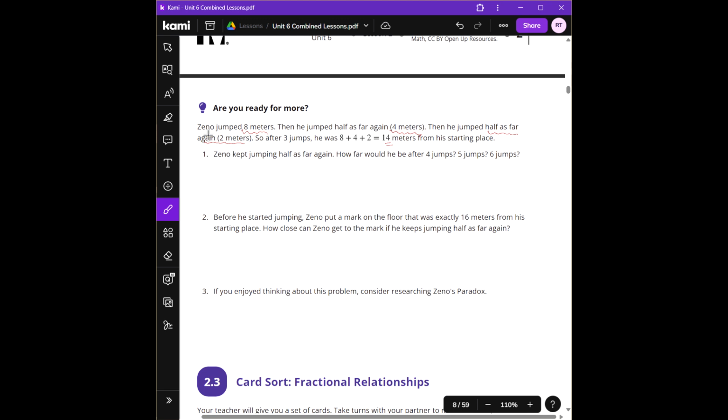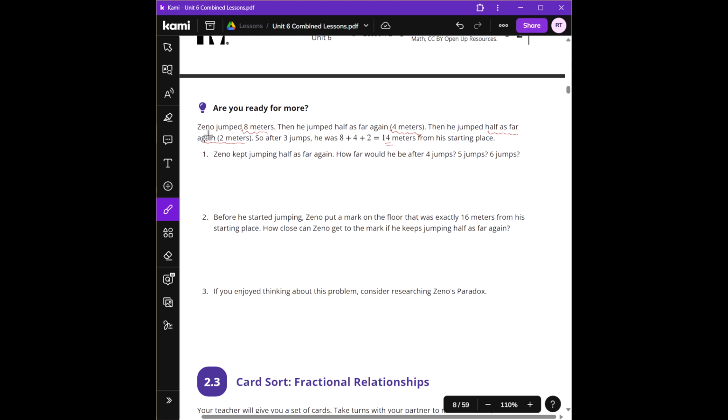Okay, so Zeno kept jumping half as far again. How far would he be after 4 jumps? 5 jumps and 6 jumps.